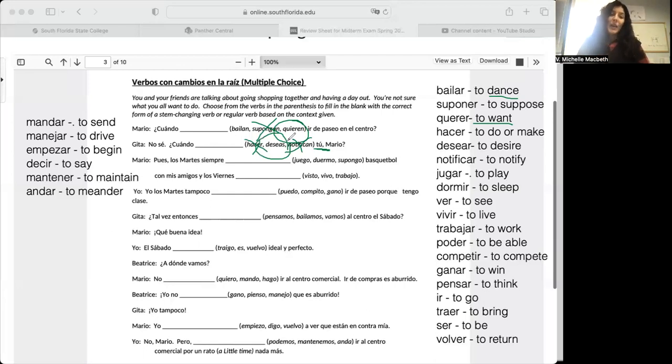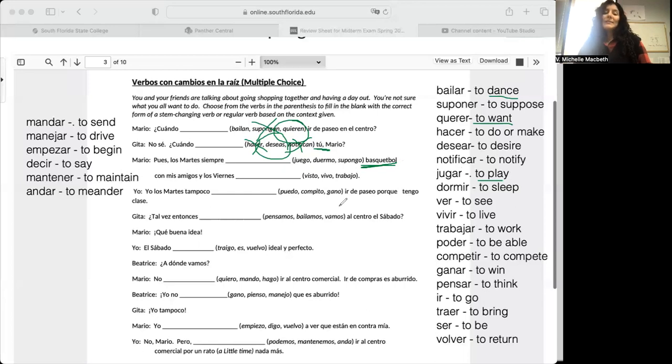So it says, pues, los martes siempre, and then we have three options. Juego, duermo, supongo, basquetbol con mis amigos y los viernes, visto, vivo, trabajo. So if we're thinking about basketball being the subject here, what is it that we're talking about doing? Would we jugar basketball, which is play?